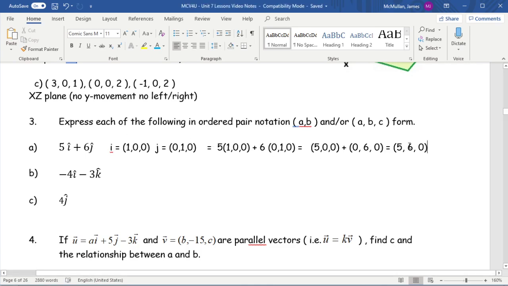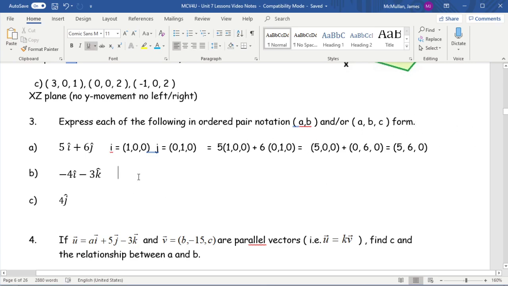Look how easy it was to add vectors together. I didn't take any cosines, I didn't draw any pictures. It's so much easier to add vectors together when they are written in ordered pair notation because all you have to do is add each x to each x and each y to each y.